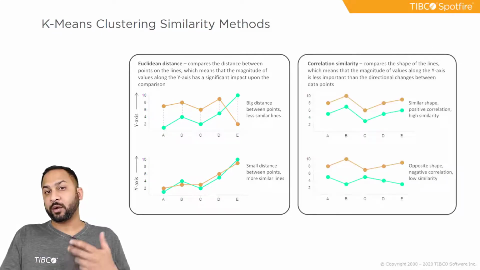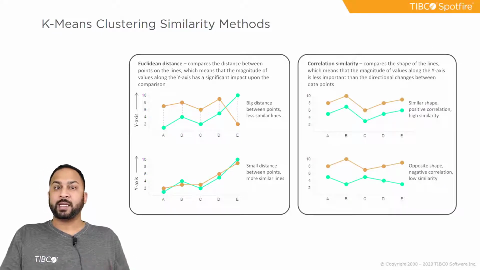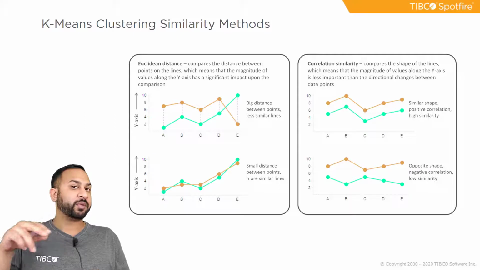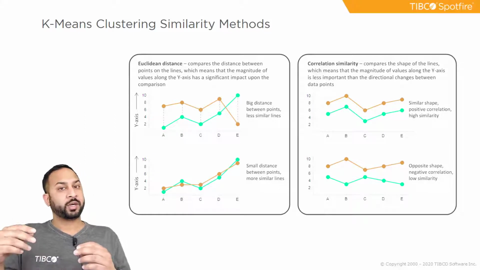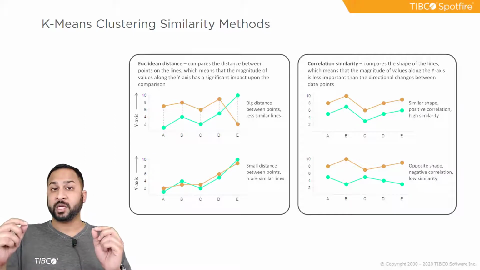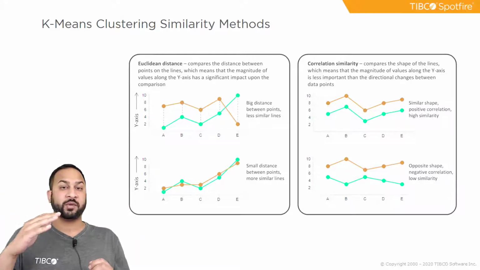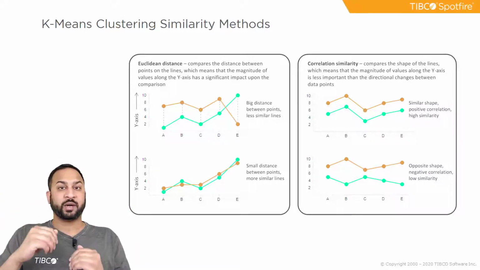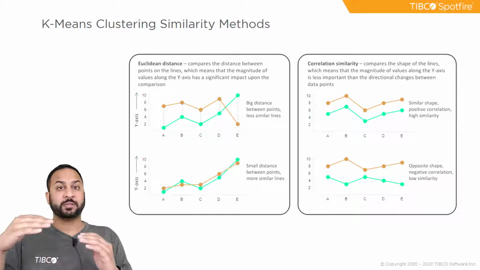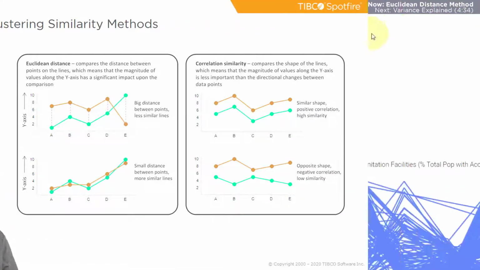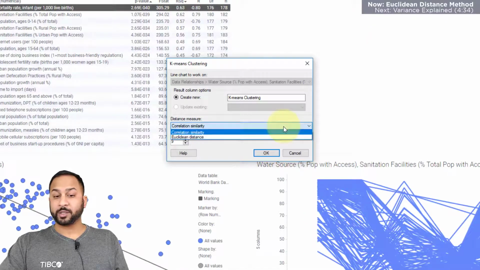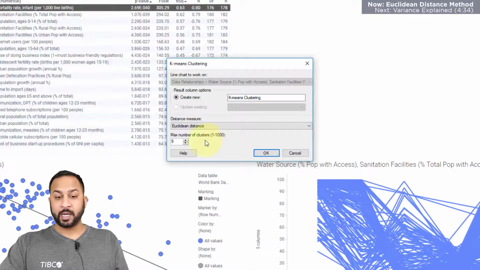There's also a correlation similarity method, and this is looking at the shape of the line instead, and it's going to try to find other lines that have the same shape, even if they're much higher or much lower than the position of your original line. It's just going to look to find the other shapes that are the same, the other profiles that are the same. So back in Spotfire, I'm going to choose the Euclidean distance method, and I'm going to select 5 clusters.